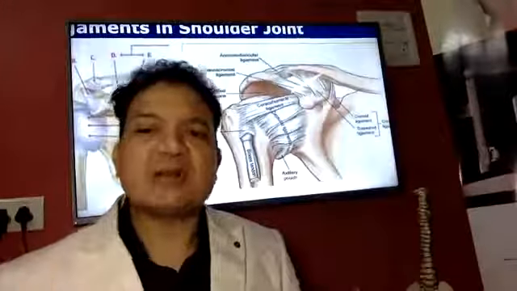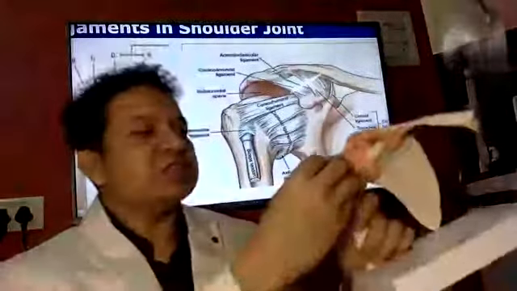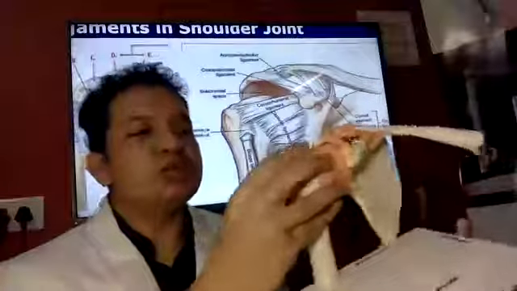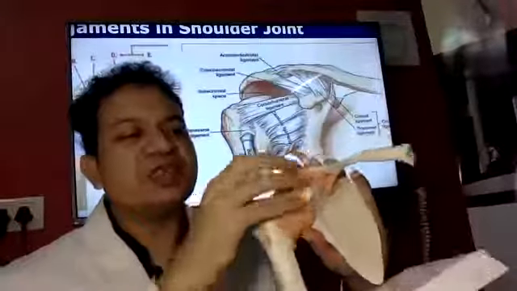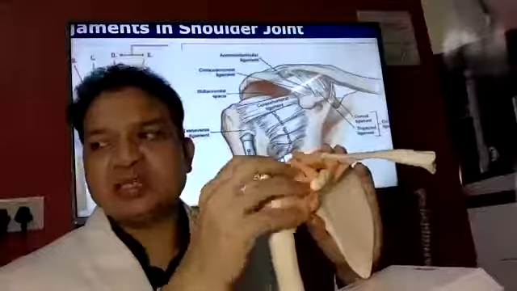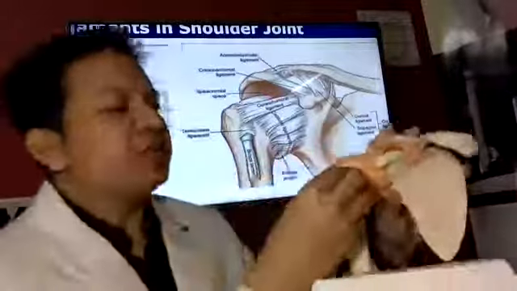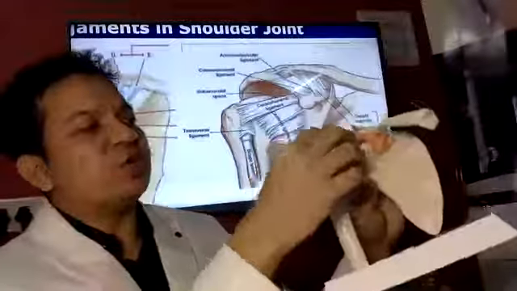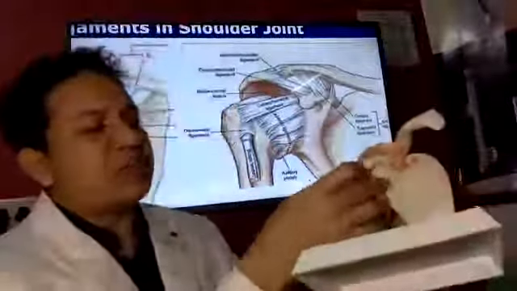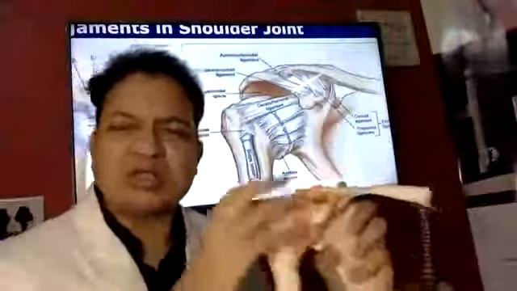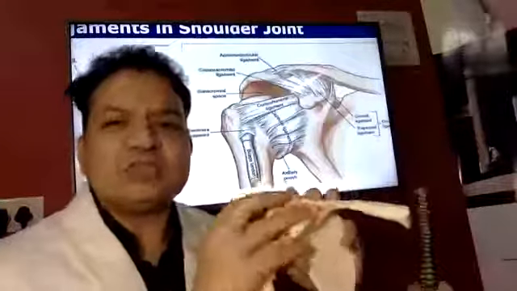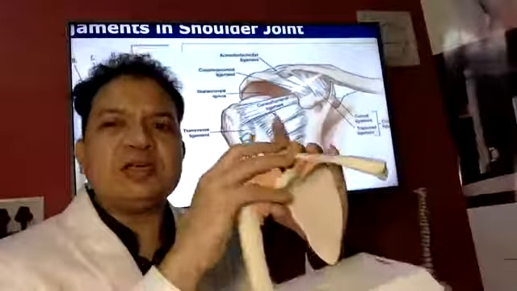There are various ligaments to the shoulder joint. To keep these bones in the correct position, these various ligaments help. These ligaments are the acromioclavicular ligament, coracohumeral ligament, and scapulohumeral ligament. All these structures and muscles form the shoulder joint, a very complicated joint.